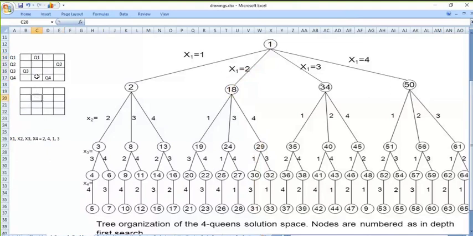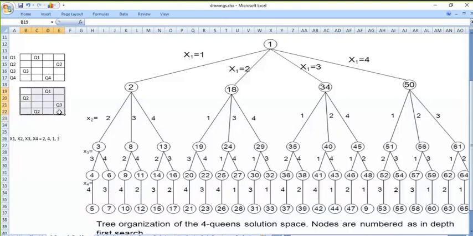Since Q1 is on the second column, in the other solution Q1 will be placed on the third column. Then Q2 will be on the first column. Then Q3 will be on the fourth column and Q4 will be on the second column. If we place these 4 queens in this order, all the 4 queens will be safe.